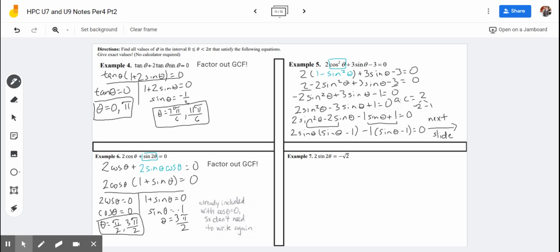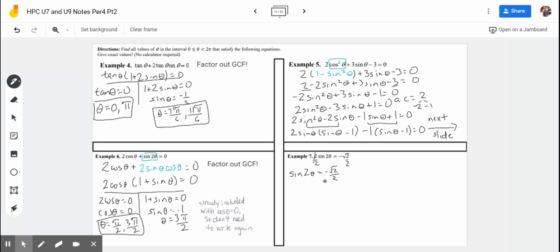So to start, we can divide both sides through by 2. So we'll have sine of 2 theta is equal to negative radical 2 over 2. Okay.